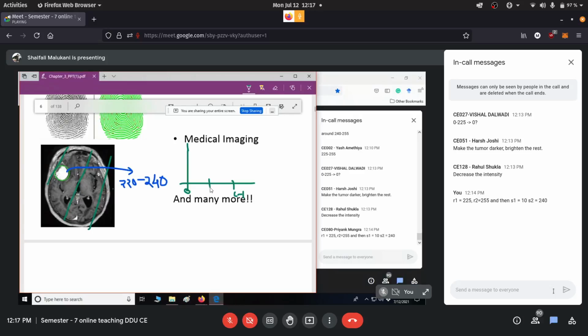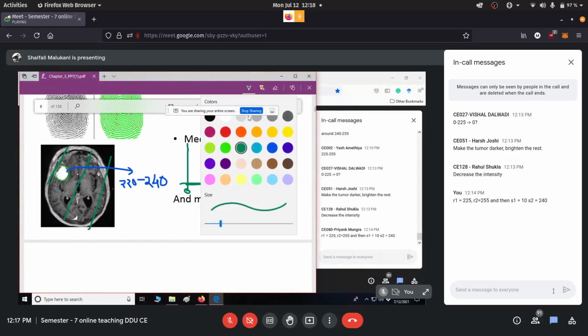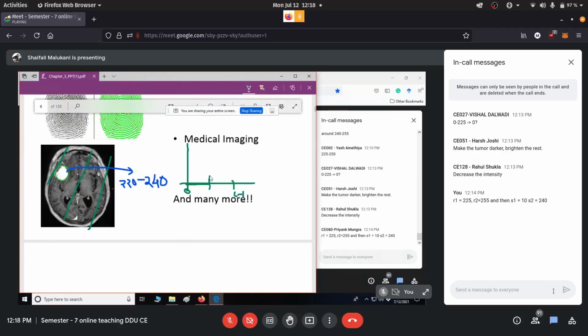From 0 to 220, make it dark, that is make it 0. Then 220 to 240, make it brighter. Brightness can be 225 or any other value that is of your choice, 240, 250, whatever you want to keep, and up to this, like this.